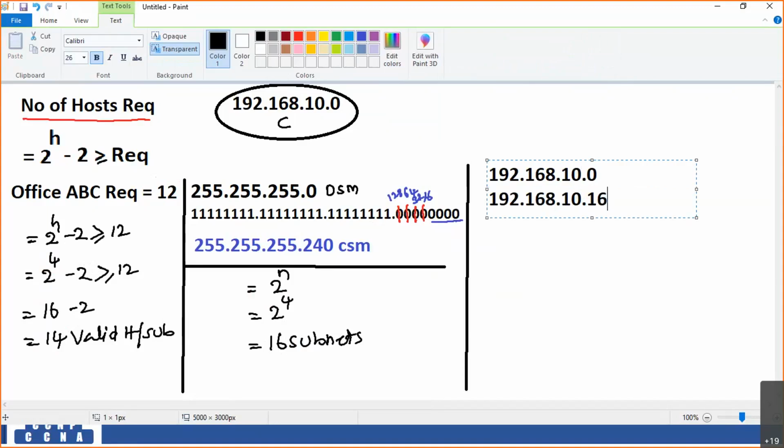Again, 16 plus 16 is 32. You keep on adding 16 each time: 192.168.10 plus 16, then 48, and so on.